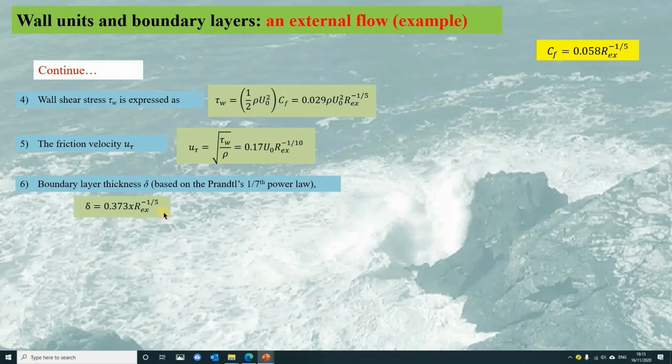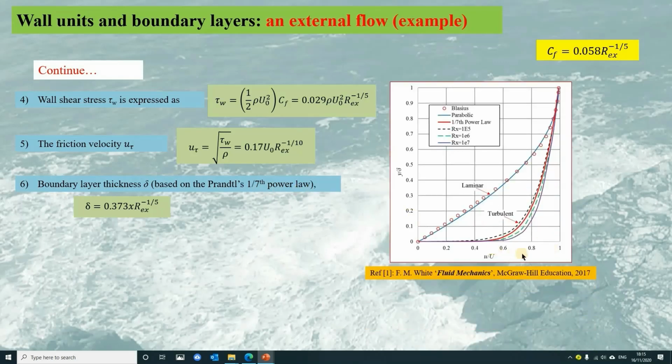Now for calculating the boundary layer thickness delta, we can, based on the Prandtl's 1/7 power law, see this comparison. When the Reynolds number Rx is from 100,000 to 10 million, the Prandtl's 1/7 power law would be very close to the actual boundary layer profile.